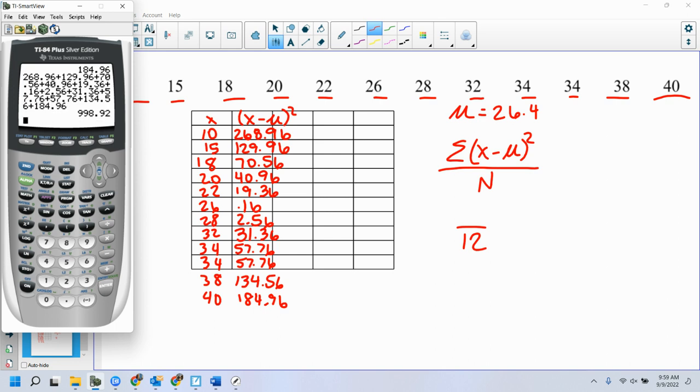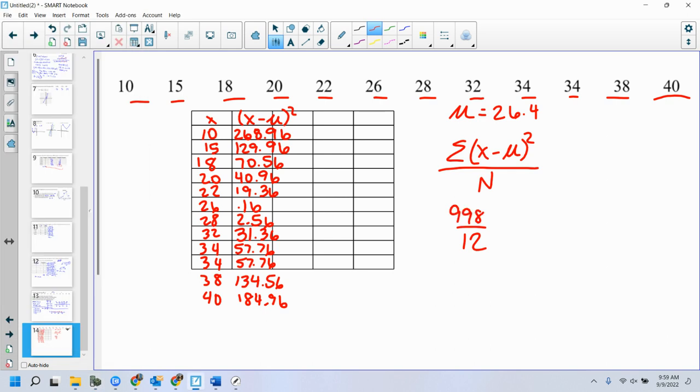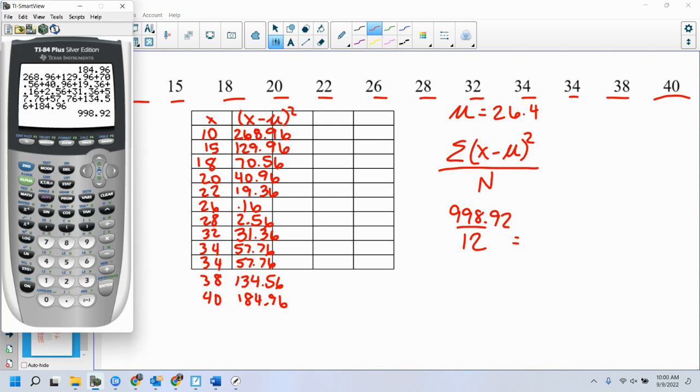And then divide that by 12. The sum is 998.92. Divide by 12, and that's going to get me 83.24.